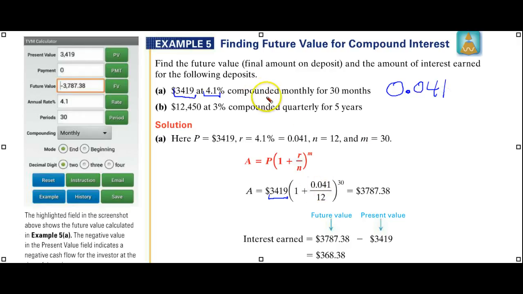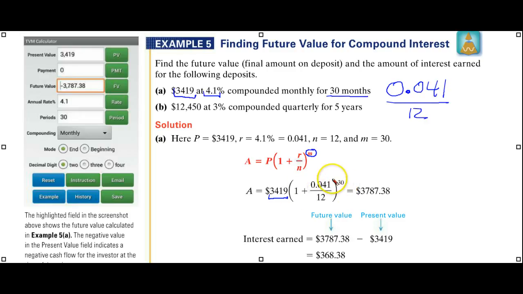And this is compounded monthly. So this is going to be 12. There's 12 months. We're going to divide this by 12. So that's where we get this. And then since the time frame is given in months, that is what we'll use for our exponent up here, our m, and that's where they get the 30 from.